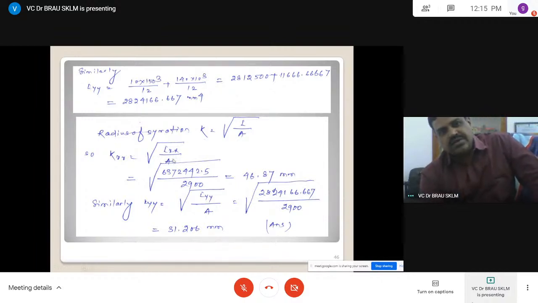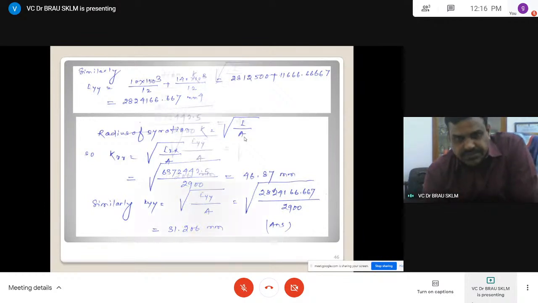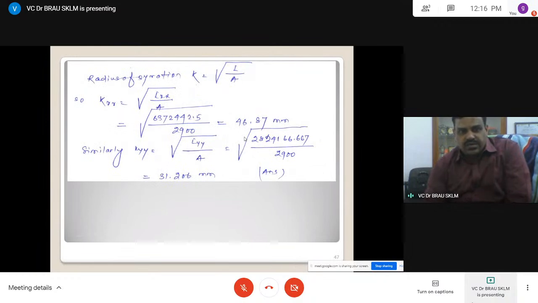But the only difference is this is used for concentrated masses; the other expression, Ax square or Ay square, we can use as r square dA for distributed. Okay. Similarly, Iyy we can determine. See, this is the radius of gyration.